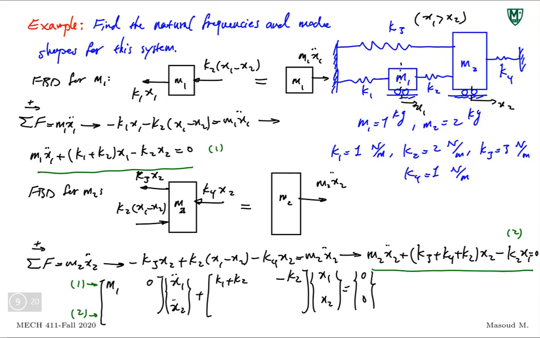Equation 2, there is no X1 double dot. X2 double dot would be M2. X1 is multiplied by minus K2, and then whatever X2 is multiplied by, which is K2 plus K3 plus K4. This is the matrix form. Matrix form of equation of motion.